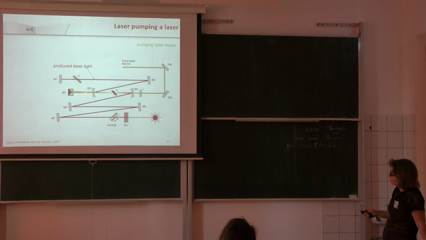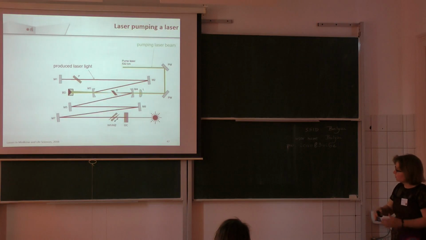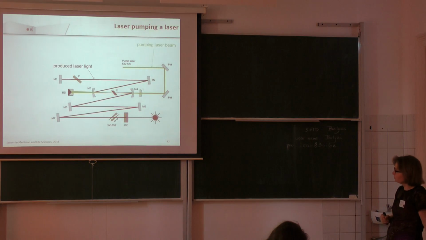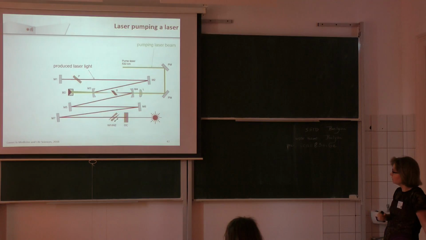To make the laser light retrace its path, these mirrors have to be positioned properly. Also, these two mirrors are curved because you want to focus your beam into this active medium.